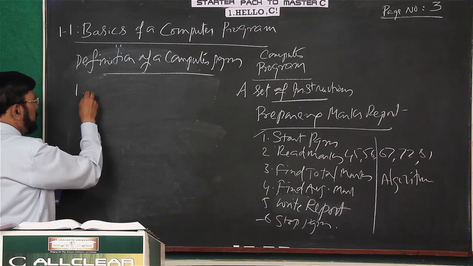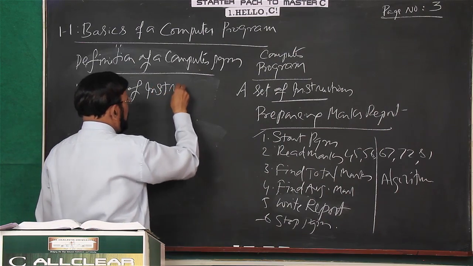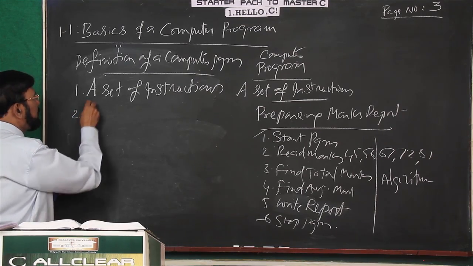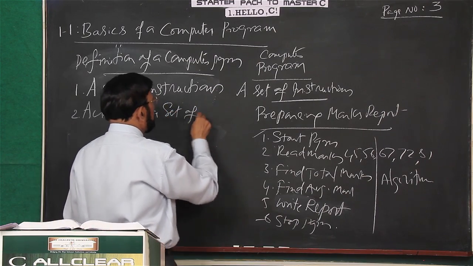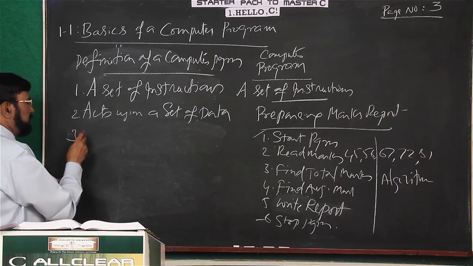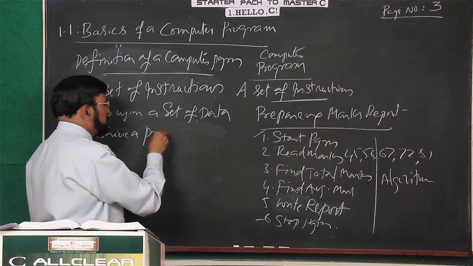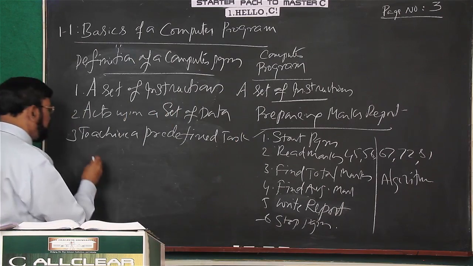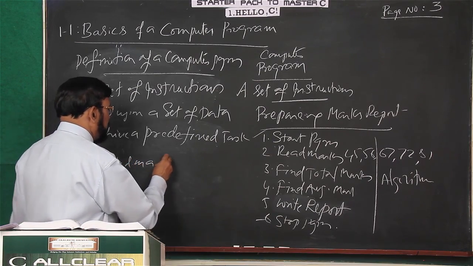Every computer program is a set of instructions which acts upon a set of data, in order to achieve a predefined task, and which is executed on a computer.